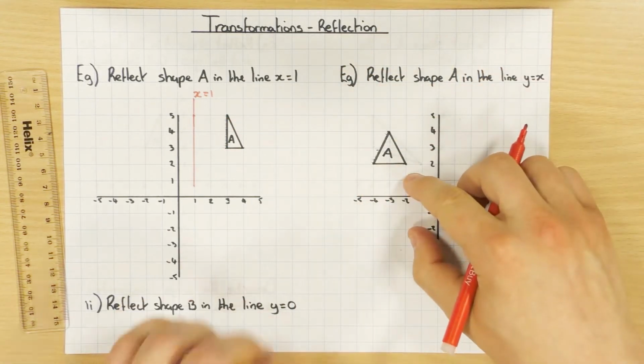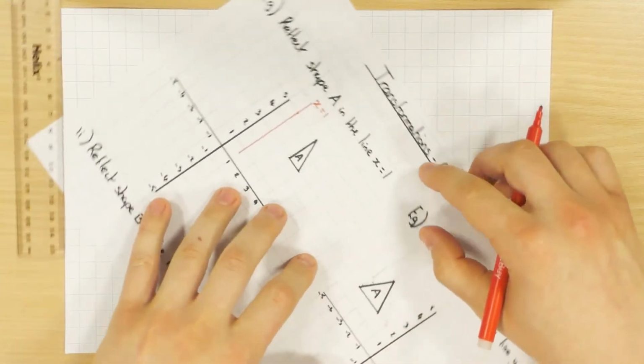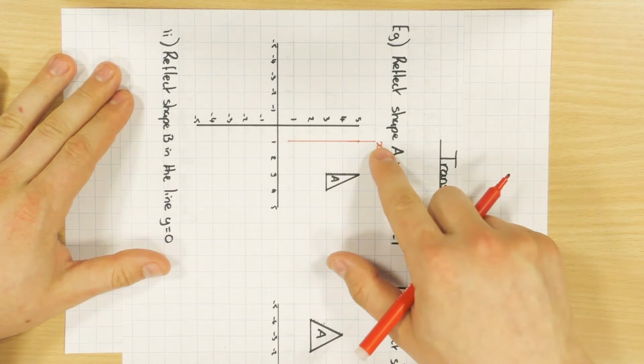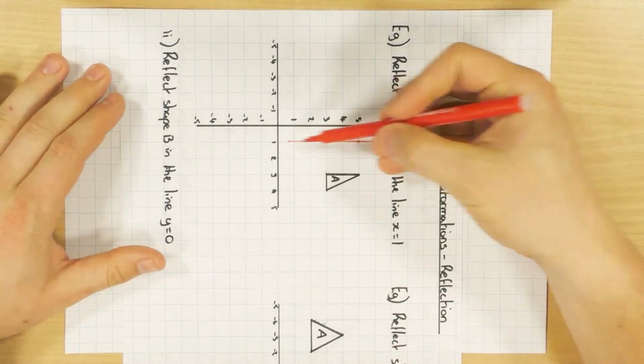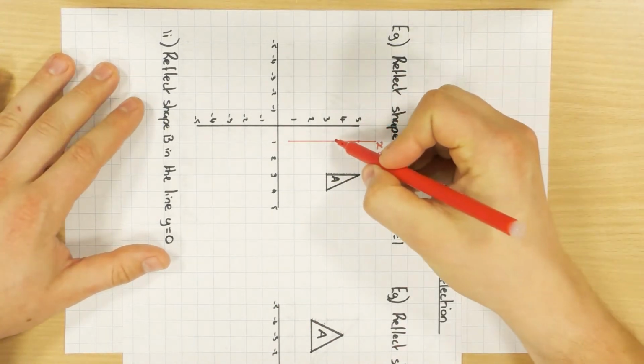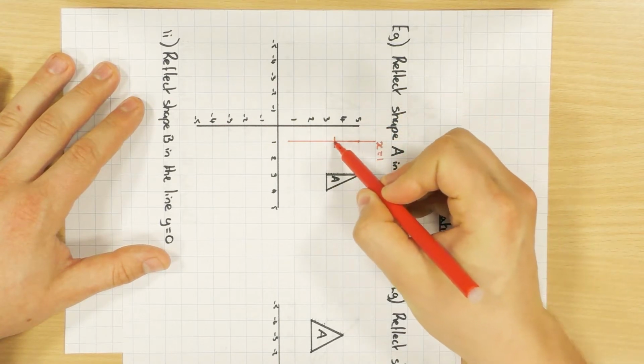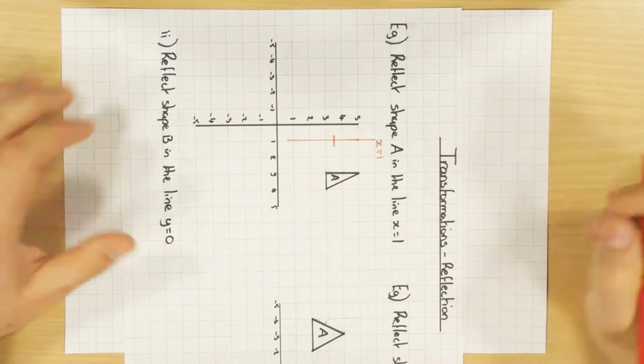Now what I do is I turn my piece of paper round so that my mirror line, or my line of reflection, is horizontal to me, and then that way I can just draw a vertical line. So I've got 2 lines that are perpendicular to each other, like so.